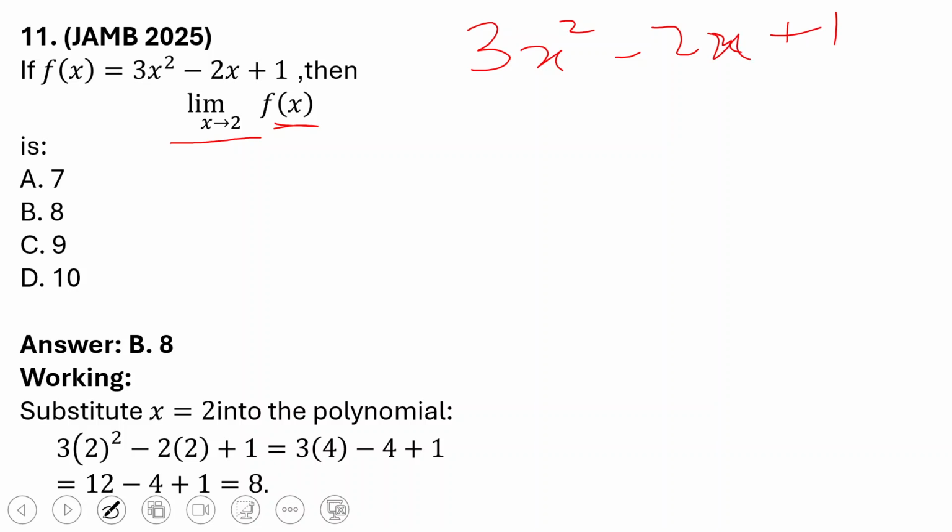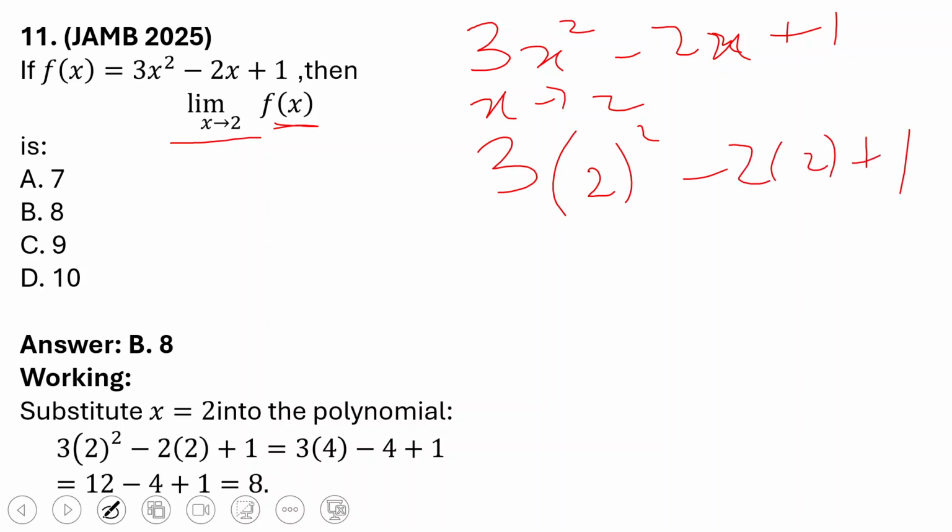So substitute when you see x equals 2. Substitute it there. 3 open bracket 2 all squared minus 2 open bracket 2 plus 1. So 3 times 2 is 6 minus 2 times 2 is 4 plus 1. 6 minus 4 is 2.